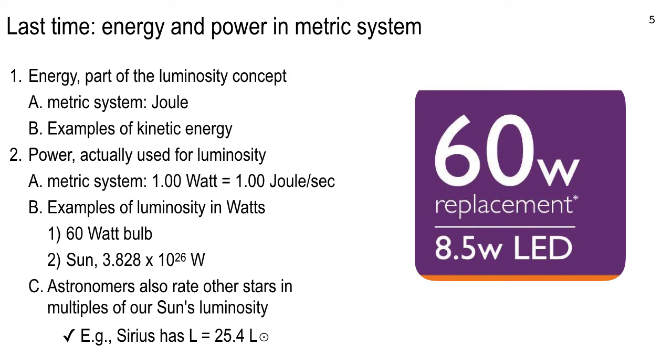It's not the brightest star that we've ever observed. It's not the dimmest star that we've ever observed. It's kind of in the middle. So there's stars below it, like 0.2 times the luminosity of the sun. There's stars like Sirius above it, 25.4.